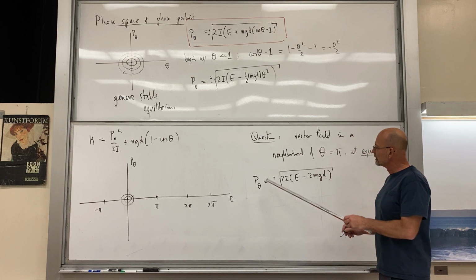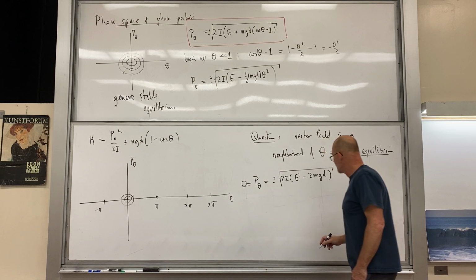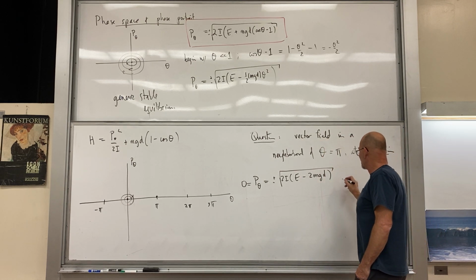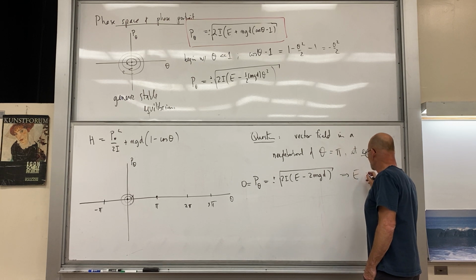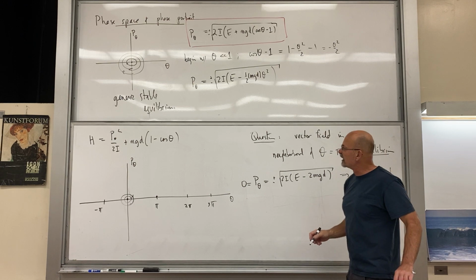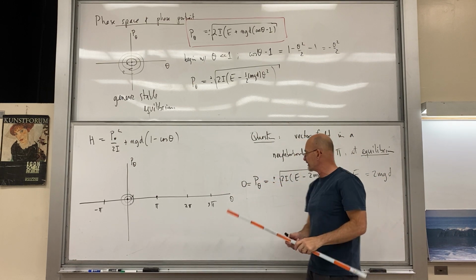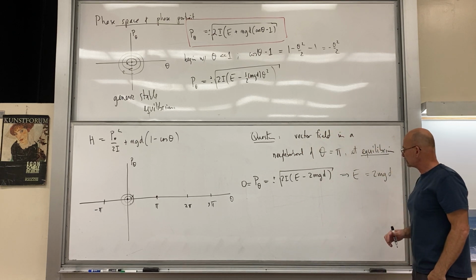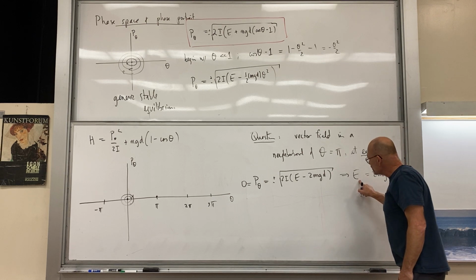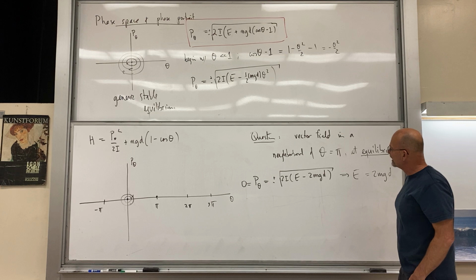And of course, at equilibrium, p sub theta is equal to 0. And so that tells us what the energy of the system is. Energy is equal to 2mgd. Of course, that's just the energy difference between the thing hanging this way and hanging that way. So that makes complete sense. 2mgd. So there's the energy value, or the Hamiltonian value.